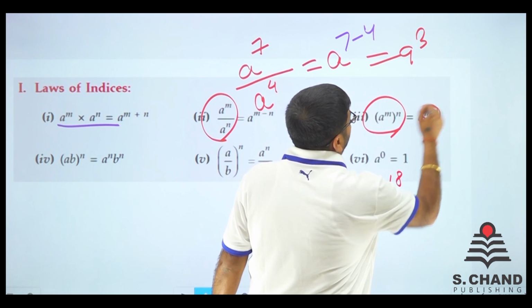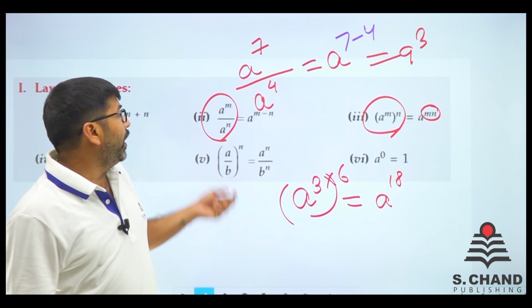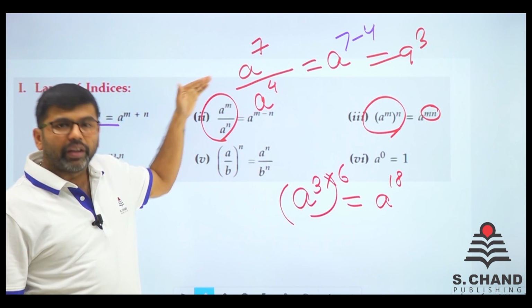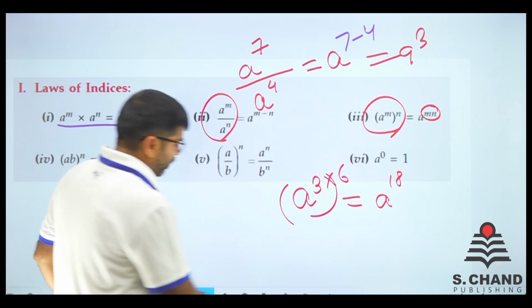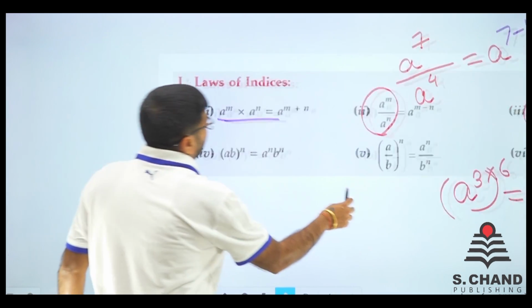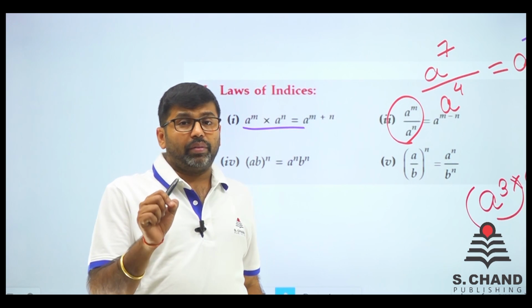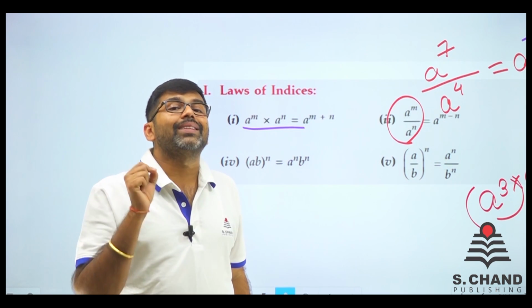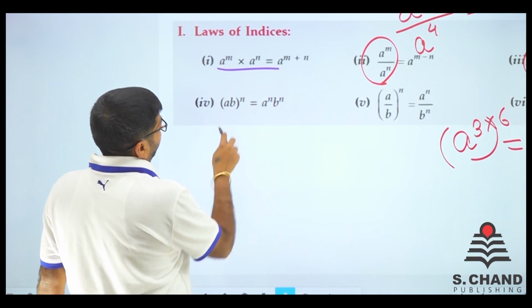So just multiply the powers if there is power over power. If there is division, you subtract the powers, and if it is multiplication, just add the powers, keeping in mind the base is the same. Now what is here?